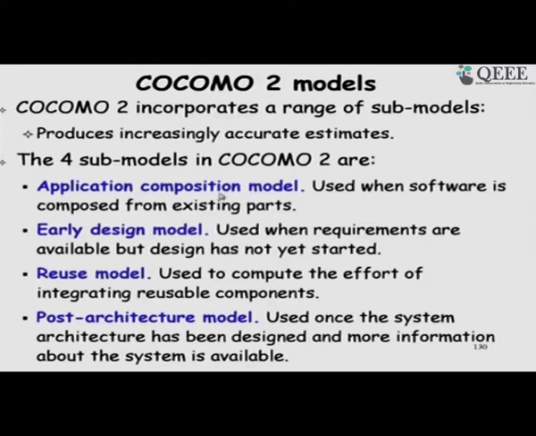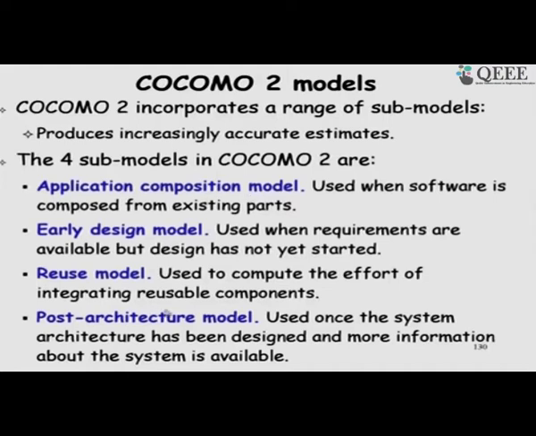And then there are 2 more here, the reuse model. This is when we have significant reuse of components. We estimate the effort required in integrating those. And the application composition model is where we have component based development and we are just using those components.